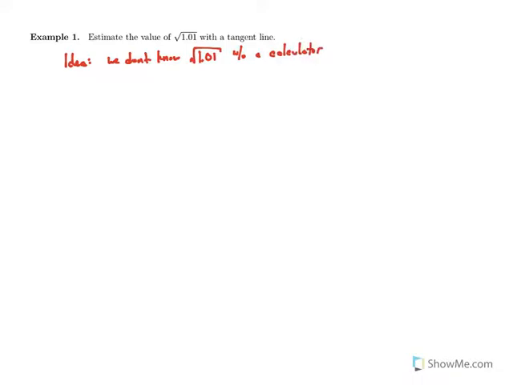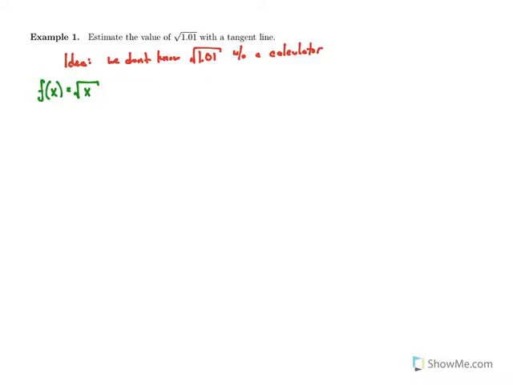It's not a nice kind of value to deal with. So we could use a tangent line to find a better approximation for that. So the function that we are talking about here is square root of x.